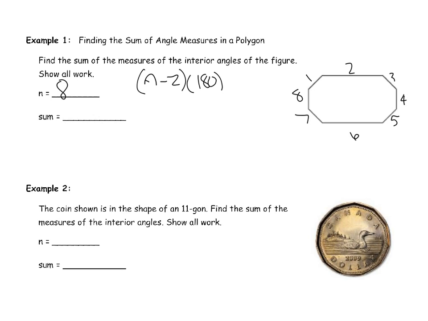So if we plug this in, you have 8 minus 2 times 180. 8 take away 2 is 6. 6 times 180 results in 1,080 degrees would be the total interior for that one.